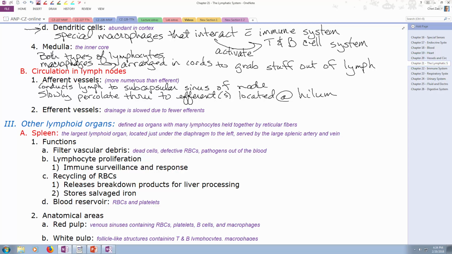The slower drainage will allow for removal of unwanted cells and material.